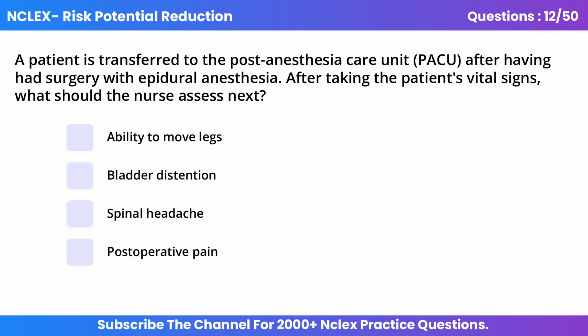Question 12. A patient is transferred to the post-anesthesia care unit, PACU, after having had surgery with epidural anesthesia. After taking the patient's vital signs, what should the nurse assess next? B. Bladder distension.